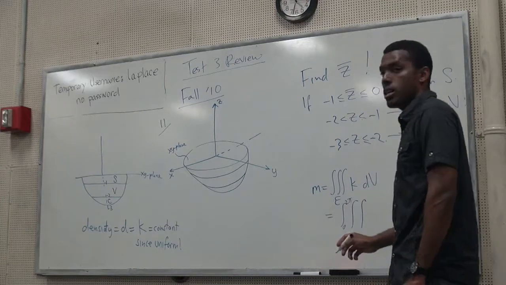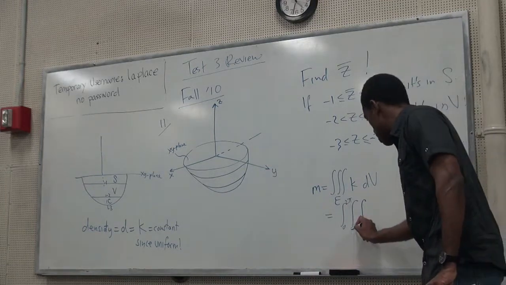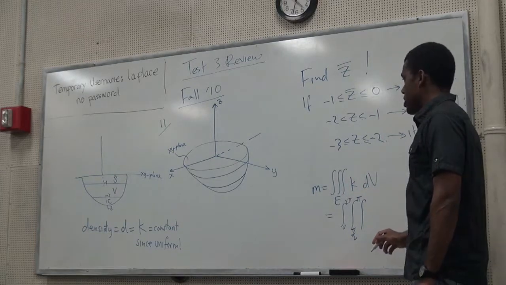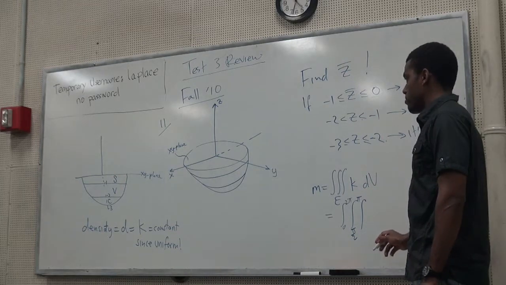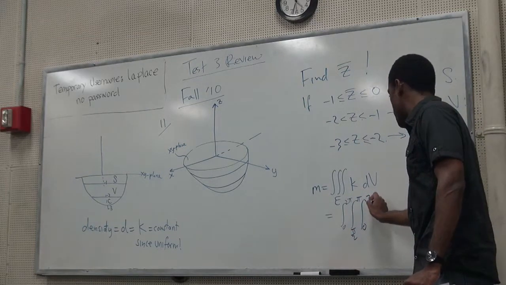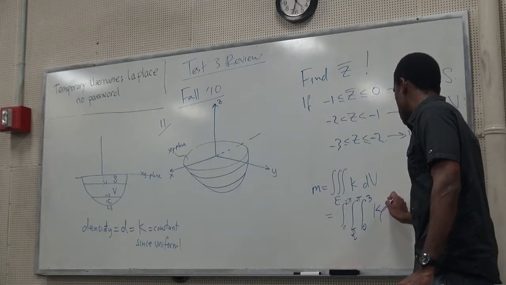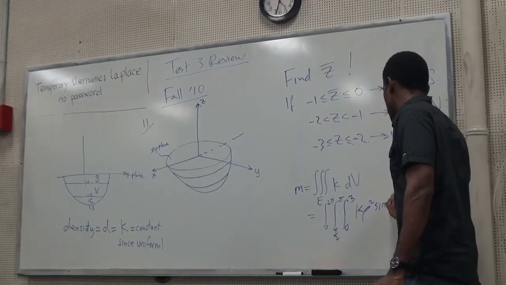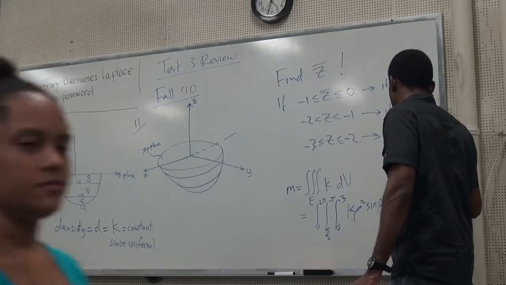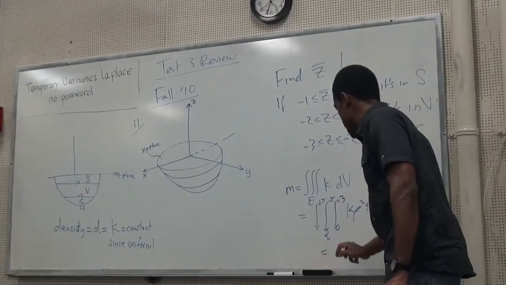What about the phi? Pi over 2 to pi. And then the rho is the radius, which we are told is 3. So it's just 0 to 3 of k rho squared sine d rho. So you get that and you get M.